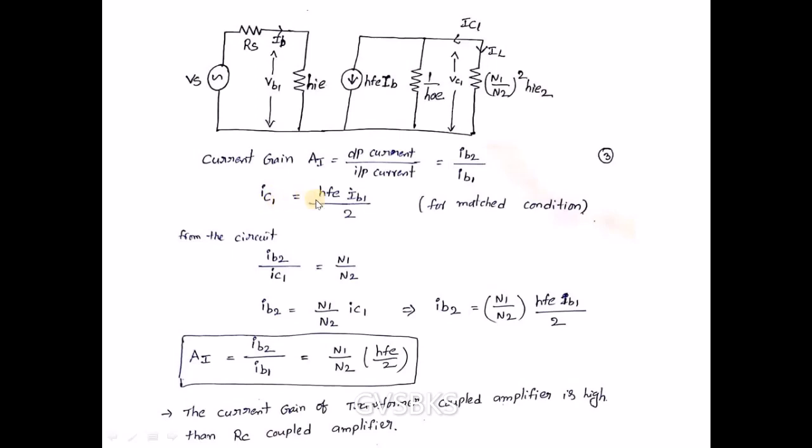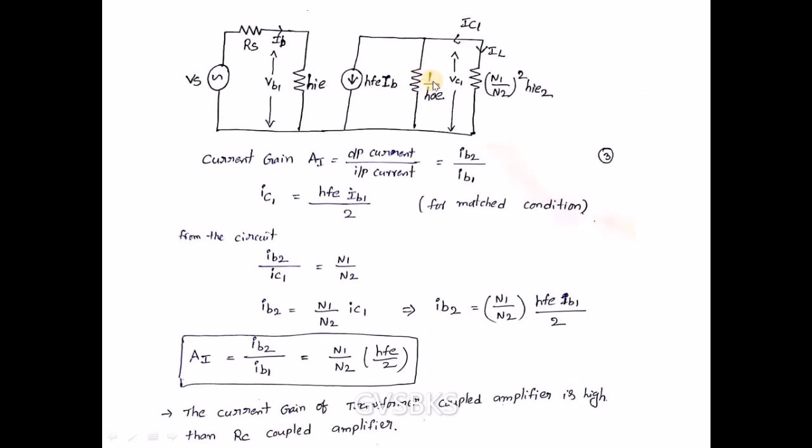IC1 is equal to hfe into IB1 by 2 for the matched condition. So what does this matched condition mean? For maximum power transfer to the load resistance, the load impedance must be equal to the source impedance. In this case we are assuming that the load resistance is equal to the output impedance of the amplifier.